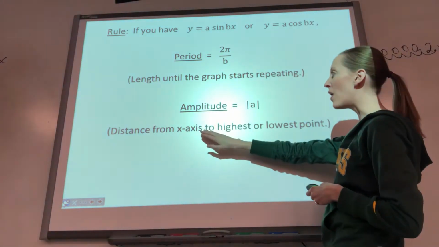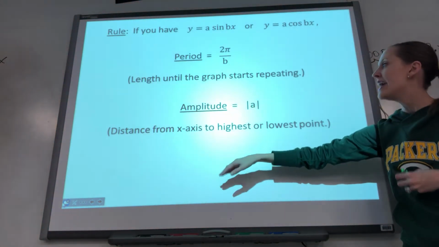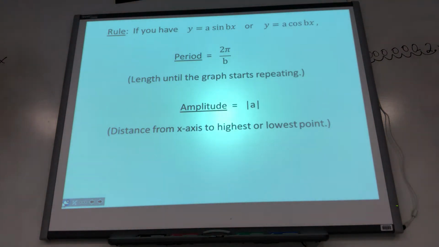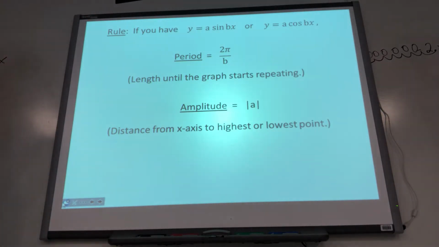Now, just in case you want it, this is just like a definition for the amplitude. It's the distance from the x-axis to the highest point or lowest point. And that word distance is why we have to take the absolute value, because distance is always positive, and that's what absolute value does.